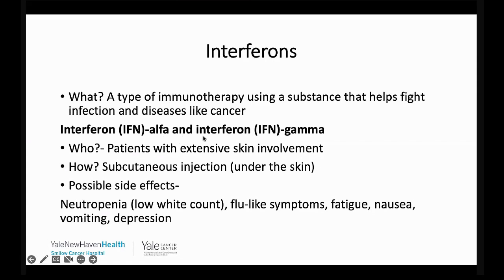The two types that we use for CTCL are called interferon alpha and interferon gamma, with interferon alpha being the more common one. And again, it is used for patients with extensive skin involvement. It's given as a shot under the skin. And some of the possible side effects are low white count, especially neutrophil count, flu-like symptoms, fatigue, nausea, vomiting, and depression.